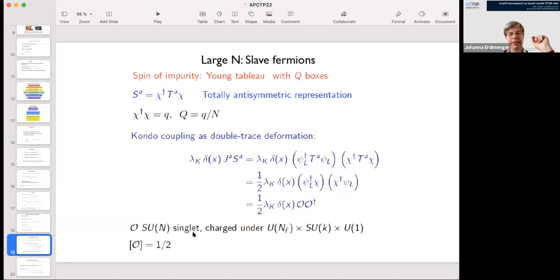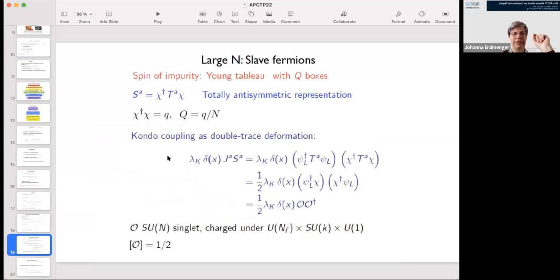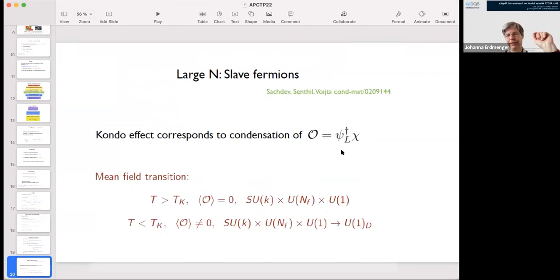Now to come back to what Sanjay asked before: it has been shown, by condensed matter physicists, already 20 years ago in this paper, that the Kondo effect in this case corresponds to a condensation of this particular operator. So our flow from the UV to the IR will be triggered by this double trace operator, and at this infrared fixed point there will be a condensation of this operator happening.